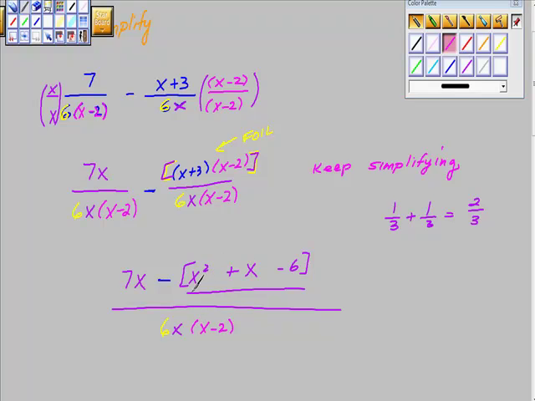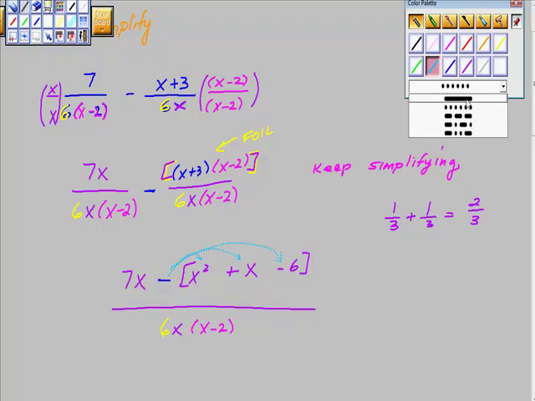Now from here, what I would do is distribute this into here. I would distribute this negative sign and put it here, here, and here. God, this turned into a lot of work, isn't it? So we have 7x minus x squared minus x plus 6.